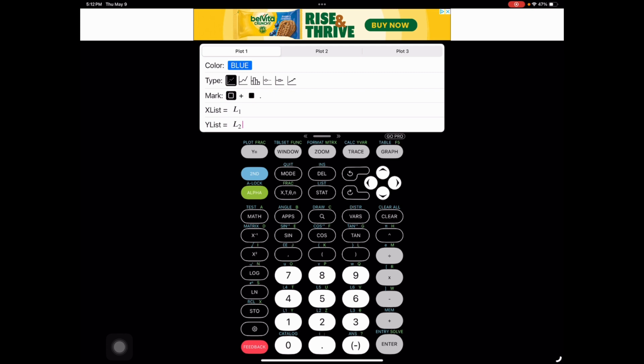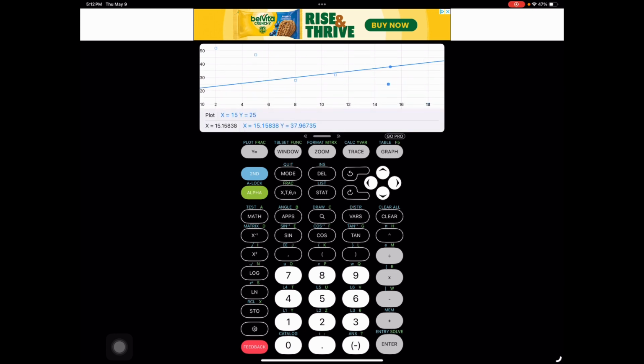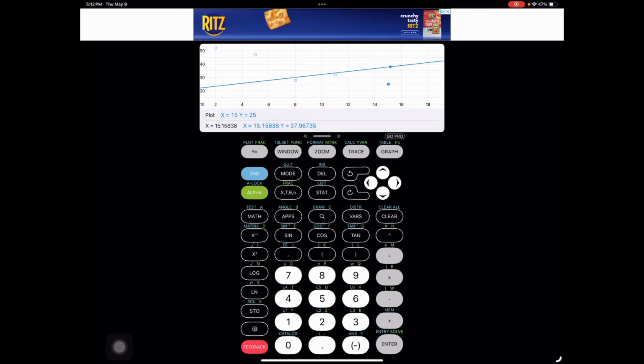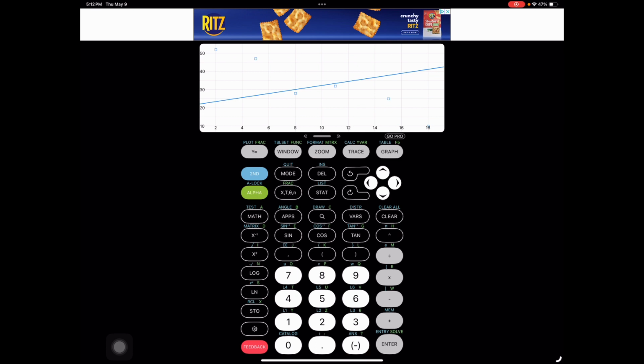And then we're going to hit zoom and 9. And again, ignore my line. The line that's on there is from a previous problem. So if you ignore my line and you just look at the dots, you can see as X increases, Y is coming down. So that's definitely showing a negative correlation.